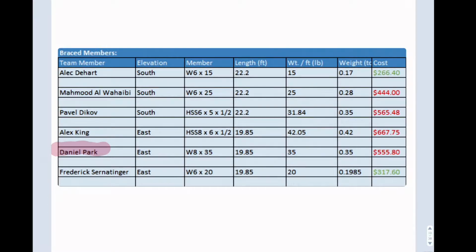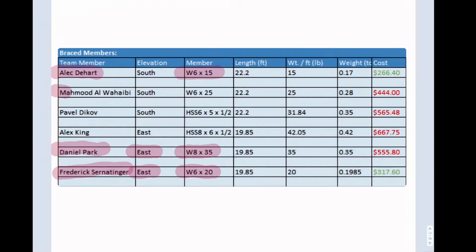Hi, my name is Daniel Park, and I was responsible for designing a chevron W-shaped member for the east face of the building. Through my analysis, I found that the appropriate size member was a W8x35. My name is Frederick Cernattinger. I also was on the east elevation, and the member that I chose was a W6x20. My name is Alexander DeHart, and after analysis, I chose a chevron shape with a member of W6x15.